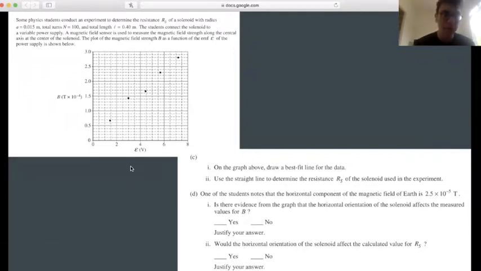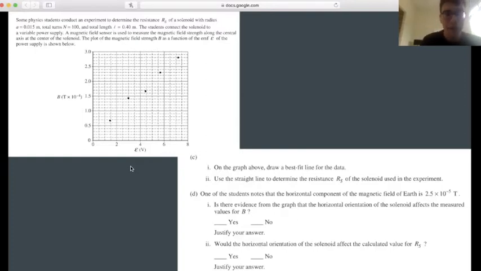Graphs are going to be pretty common on any magnetism FRQ. So it says some physics students conduct an experiment to determine the resistance R sub S of a solenoid with radius A equals 0.015 meters, total turns N equals 100, and total length 0.4 meters. The students connect the solenoid to a variable power supply. A magnetic field sensor is used to determine the magnetic field strength along the central axis at the center of the solenoid.